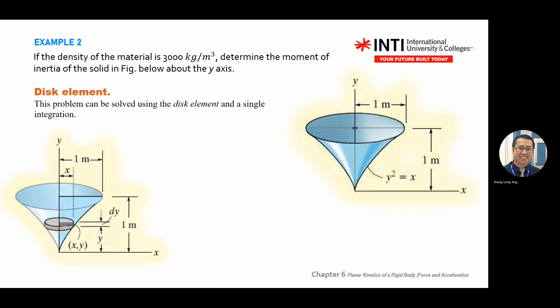This element, how do you find this element? This element, you take the area, multiply by the height. So how to find this area? Pi R squared. What is your R in this diagram? X, right? So what is your X?